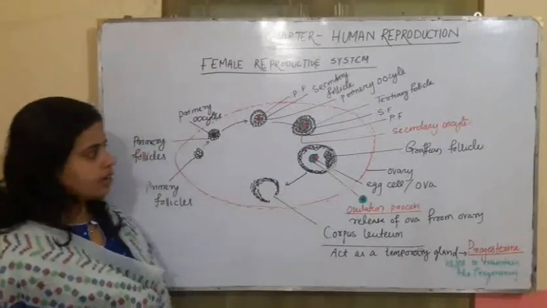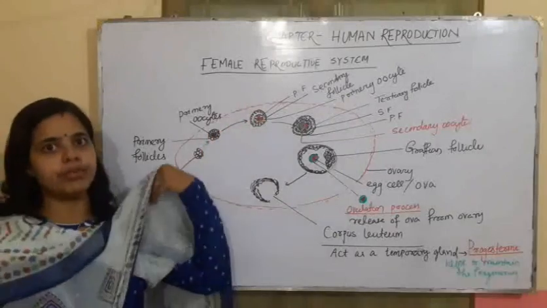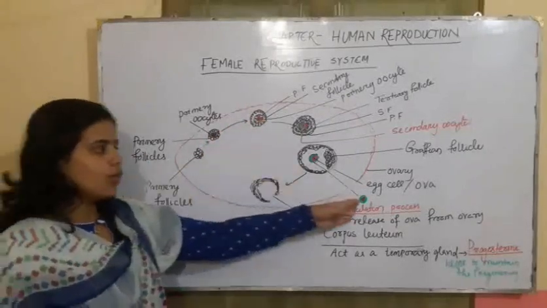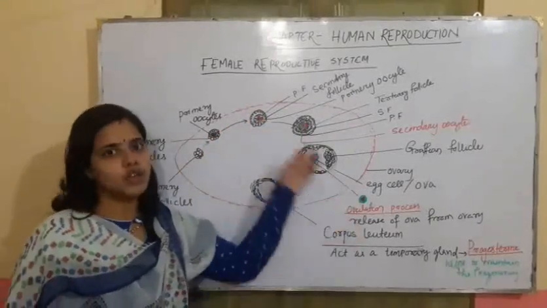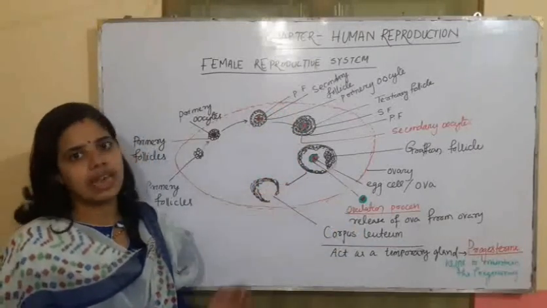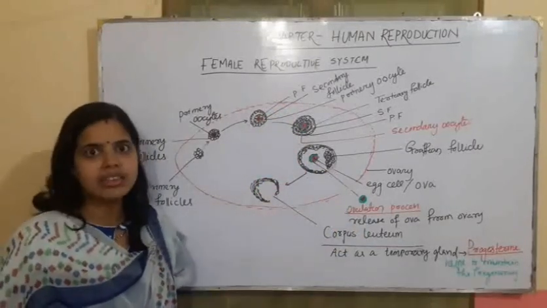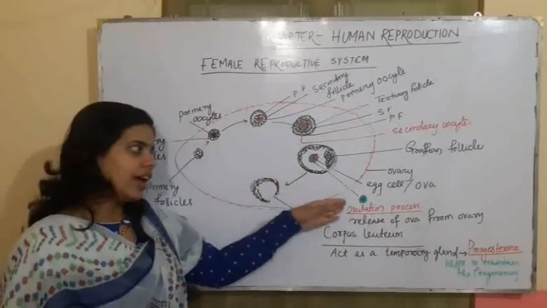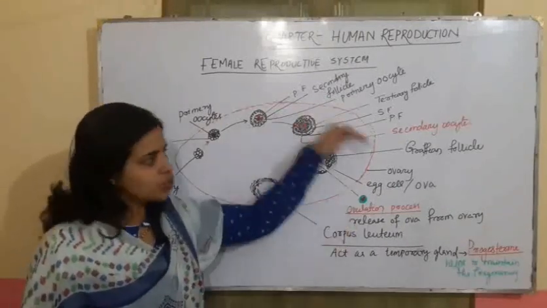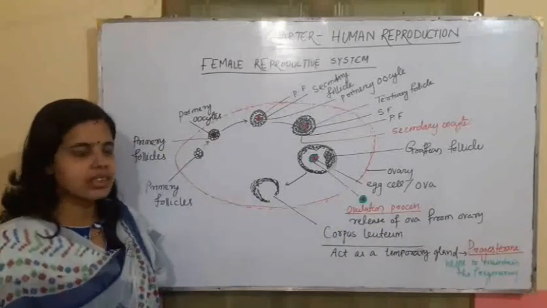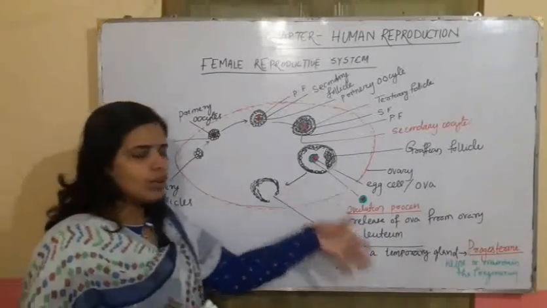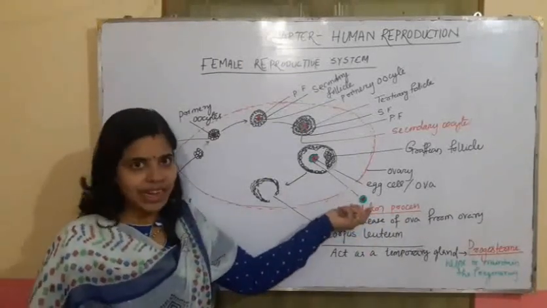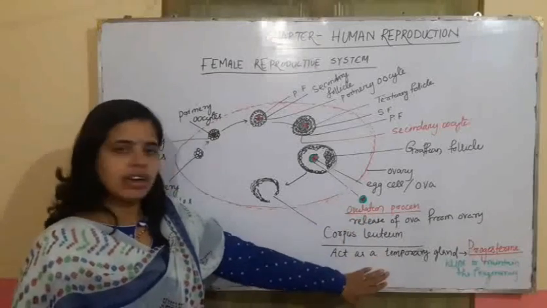As I told in the previous video, once the ova is released from the ovary, it has to go in the upward direction, that is the ampullary region, and has to be fertilized. But suppose the fertilization has not occurred; if it is a fertilized egg, it is implanted in the uterus and pregnancy occurs.